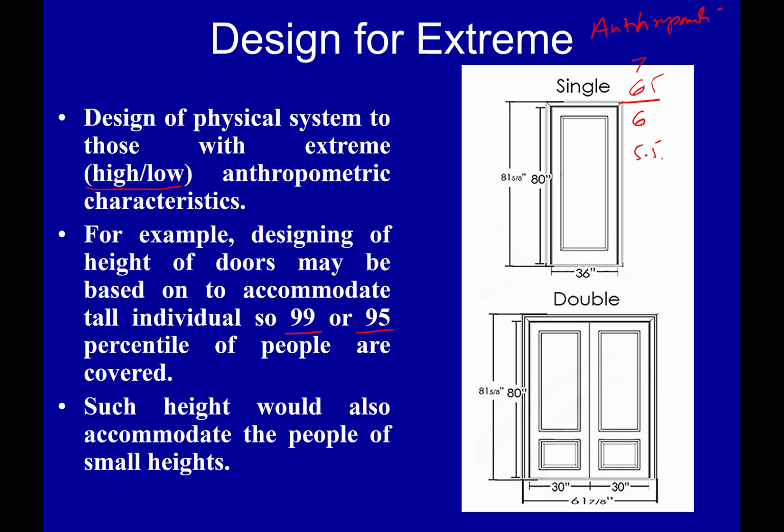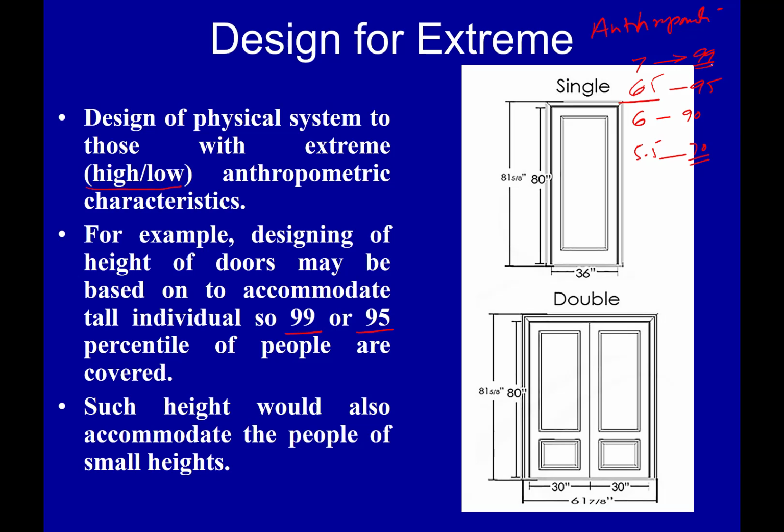Here you may see, if it is 5.5 feet, the percentile of the people covered is just 70. If it is 6 feet, it may be 90, or if it is 6.5 feet, 95%. And here you will see 99% for 7 feet. So depending upon the percentile of the people that need to be covered, we select the suitable anthropometric dimensions for the design purpose.